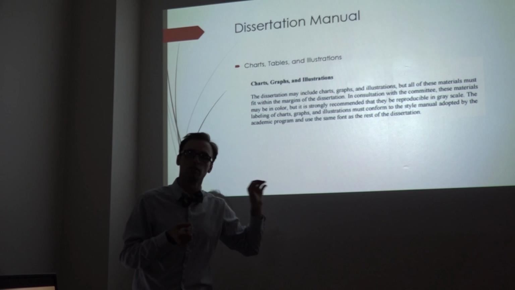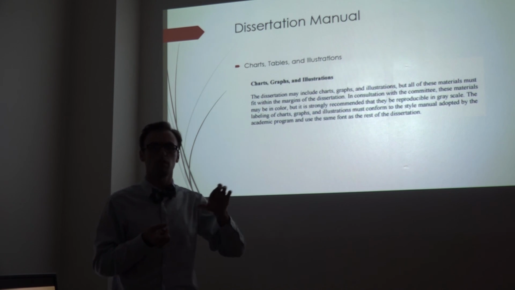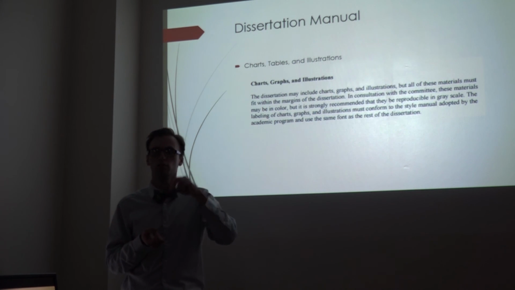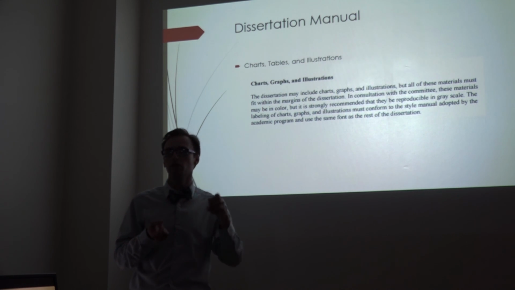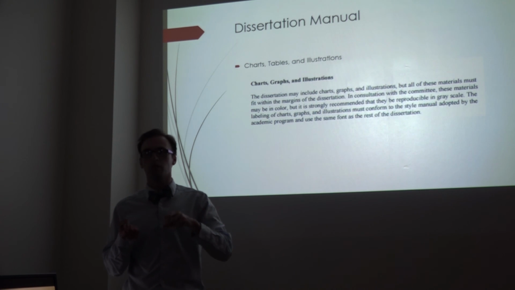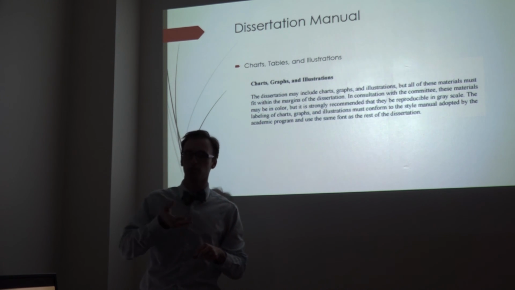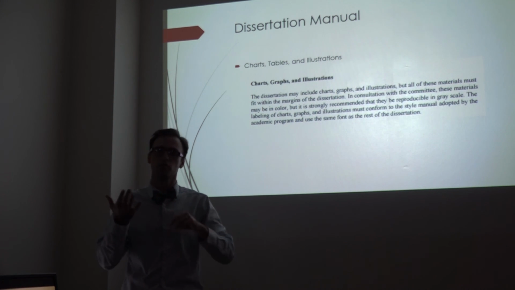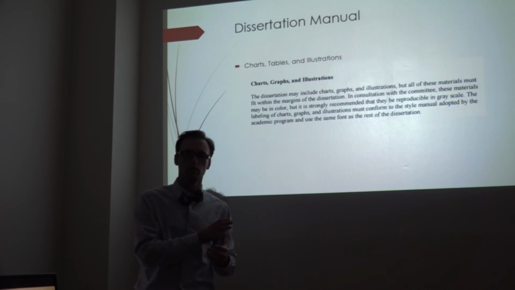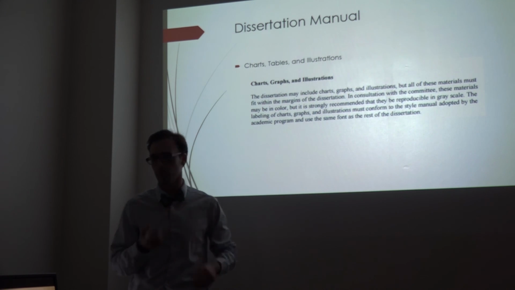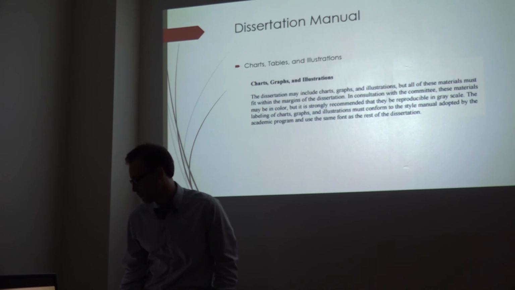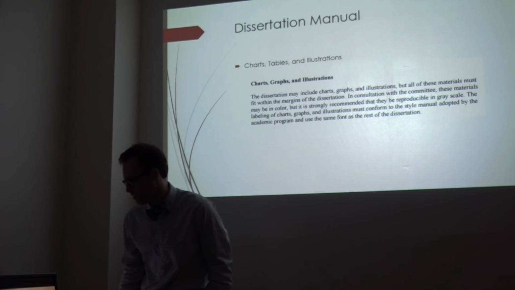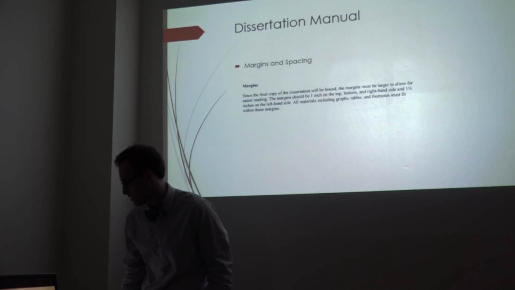If you're using that chart or graph or table from another source, another author, you have to get permission to reprint that. That holds people up sometimes. So there are methods and ways of gaining permission to use certain charts and graphs from other sources. You have to have permission from the publisher or author to be able to use that information. Usually that's not the case with PhD dissertations, but just in case.